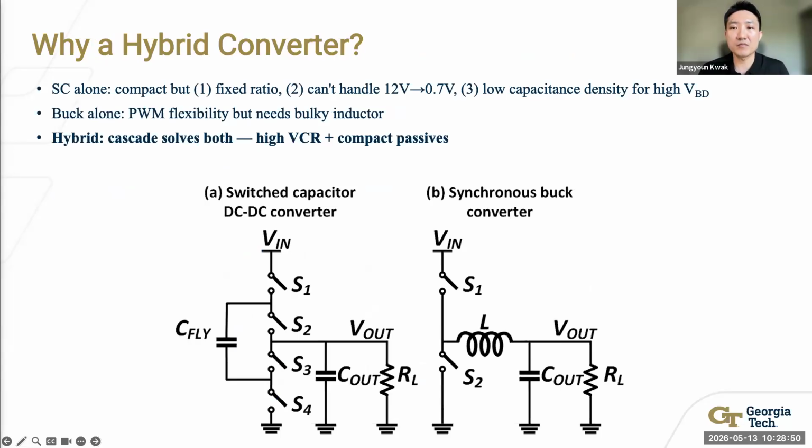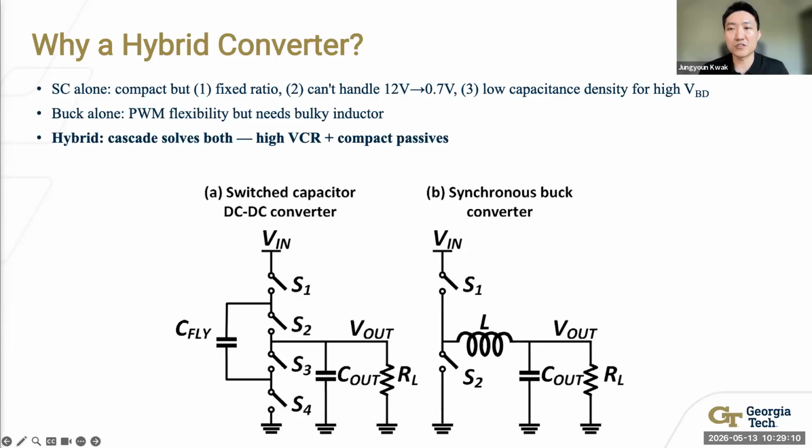So now let me briefly explain each topology before comparing them. A switched capacitor converter transfers energy using flying capacitors and switches, with no inductors. A synchronous buck converter uses a high side switch, a low side switch, and an inductor.